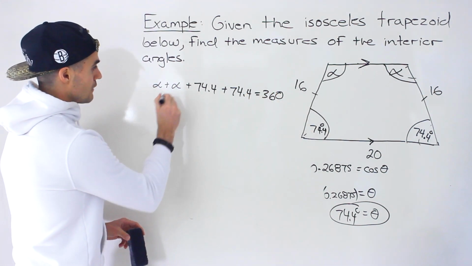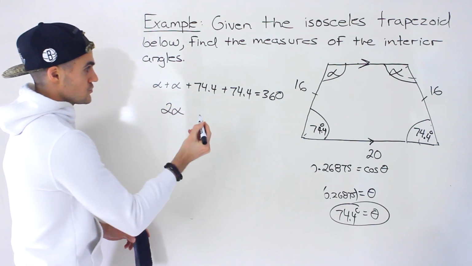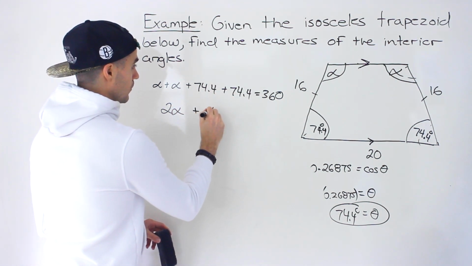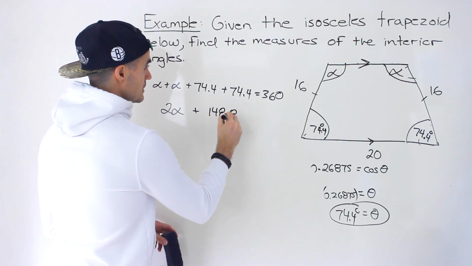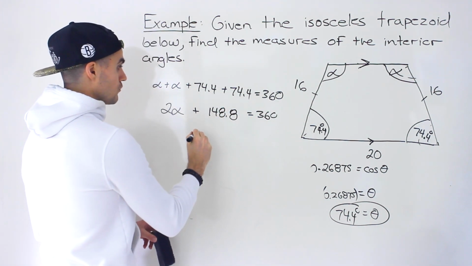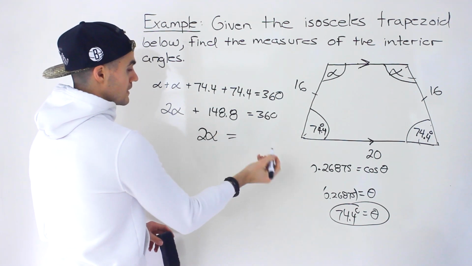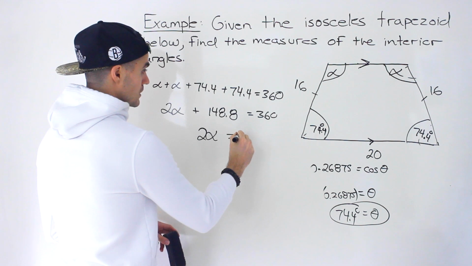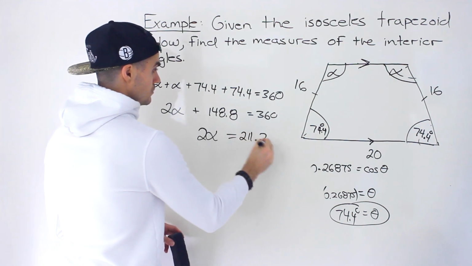Solving this, alpha plus alpha, those are like terms, so we could say 2 alpha. Then 74.4 plus 74.4 gives you 148.8. That's going to be 360. Bring the 148.8 over, so 2 alpha is equal to 360 minus that, which gives us 211.2.